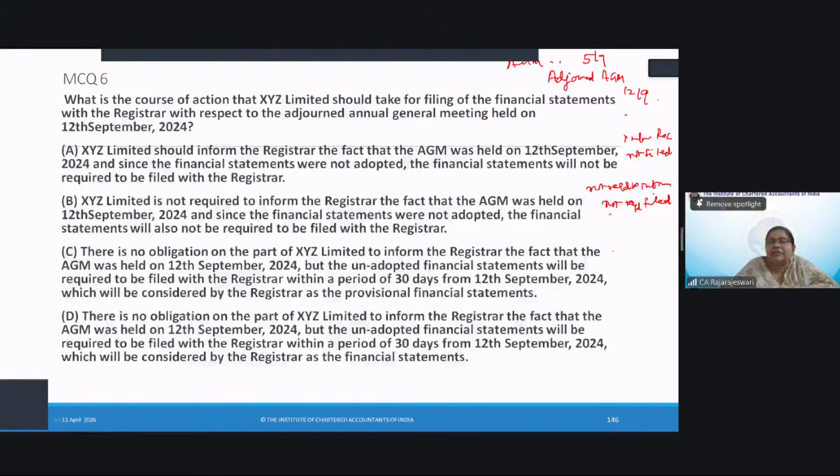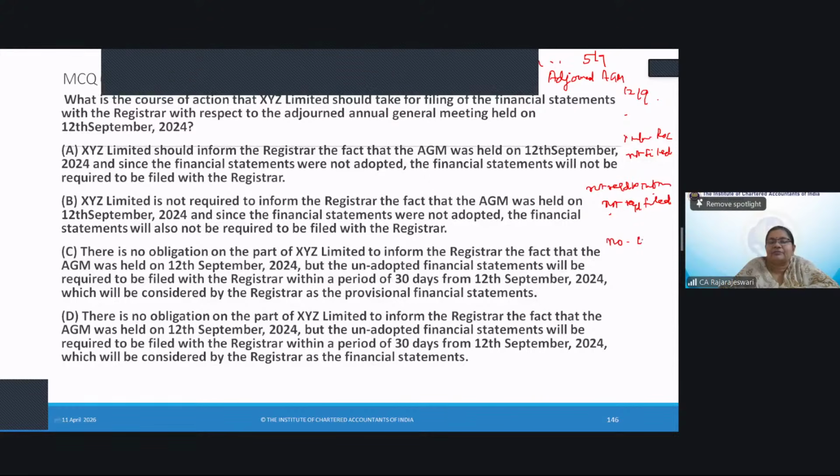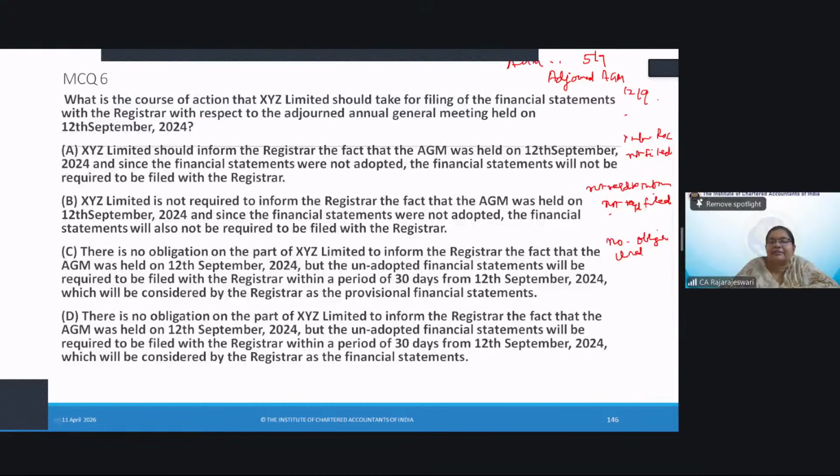Here there will be no obligation to inform the registrar, but the unadopted financial statement will be required to be filed with the registrar within a period of 30 days, which will be considered by the registrar as provisional financial statement.